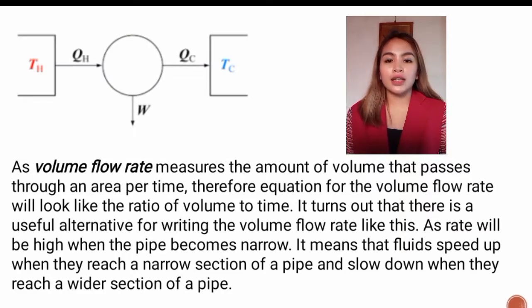It turns out that there is a useful alternative way of writing the volume flow rate. The speed will be high when the pipe becomes narrow, meaning fluids speed up when they reach a narrow section of a pipe and slow down when they reach a wider section.